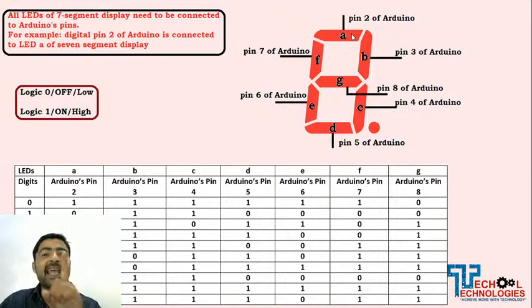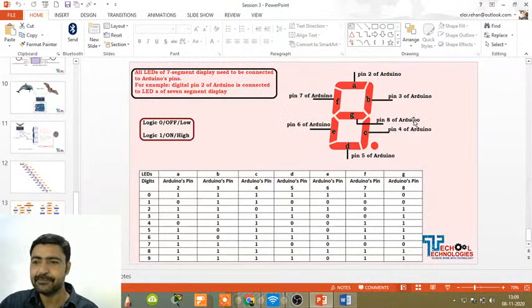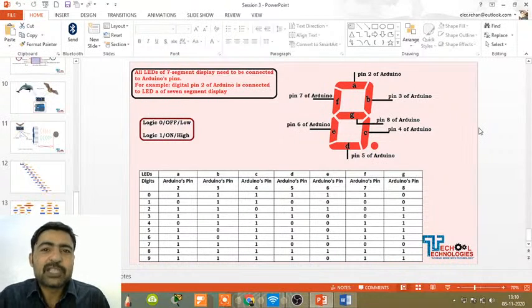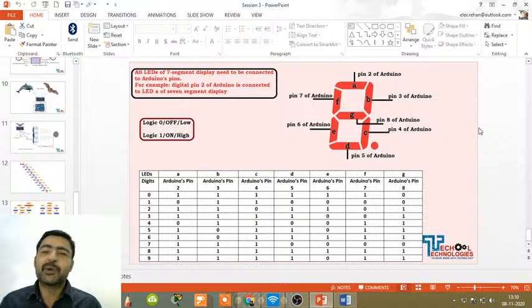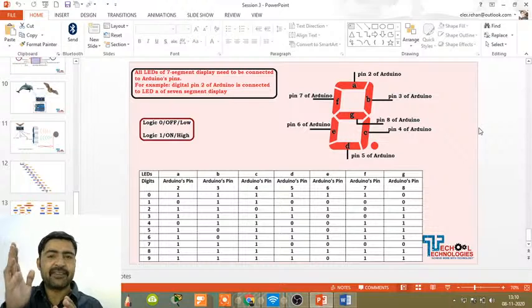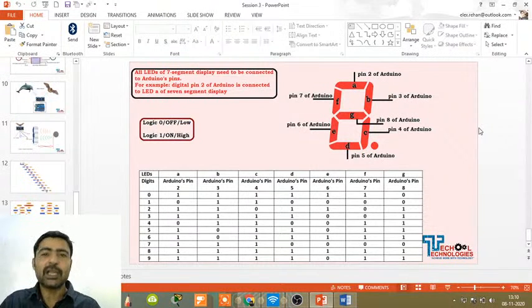Because we have 7 LEDs fitted in a fashion to display numbers, and they are marked as LED A, B, C, D, E, F and G. Let's say we want to display 0. We need to turn on LEDs A, B, C, D, E, F. Except G, all the LEDs need to be turned on. So we can display numbers from 0 to 9.